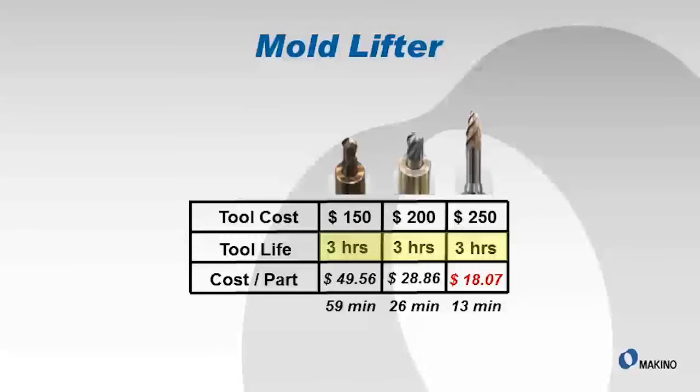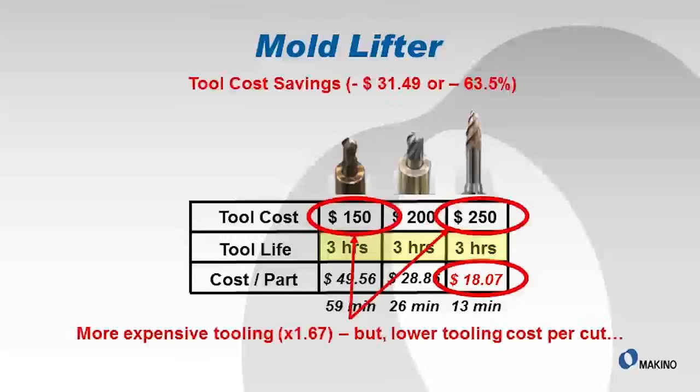So what you'll see is even though we purchased tooling that was more expensive, 1.67 times the cost per tool, because of the cycle time and the tool life, well, again, we didn't factor in tool life here, we actually saved $31.49, or about a 63.5% reduction, even though we spent and bought more expensive tooling in order to get the benefits of the 5XC cycle time and surface finishes.